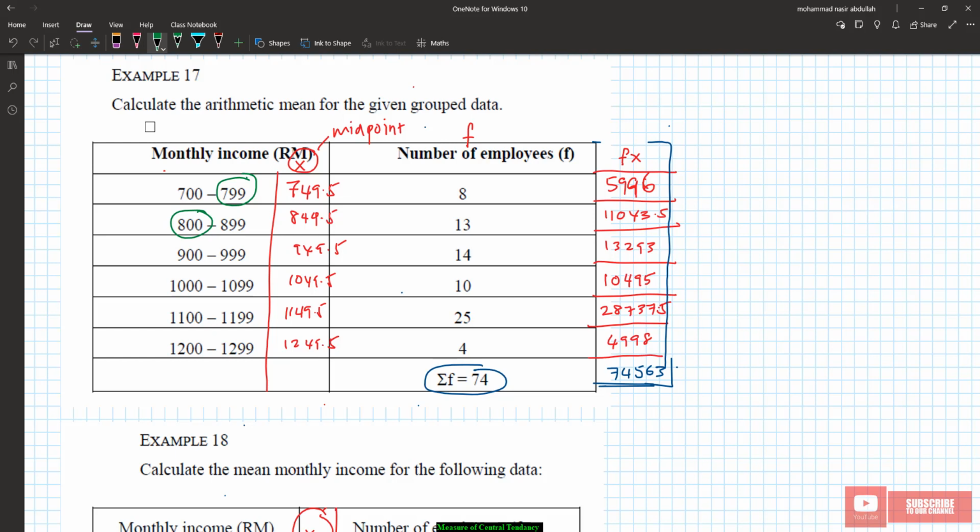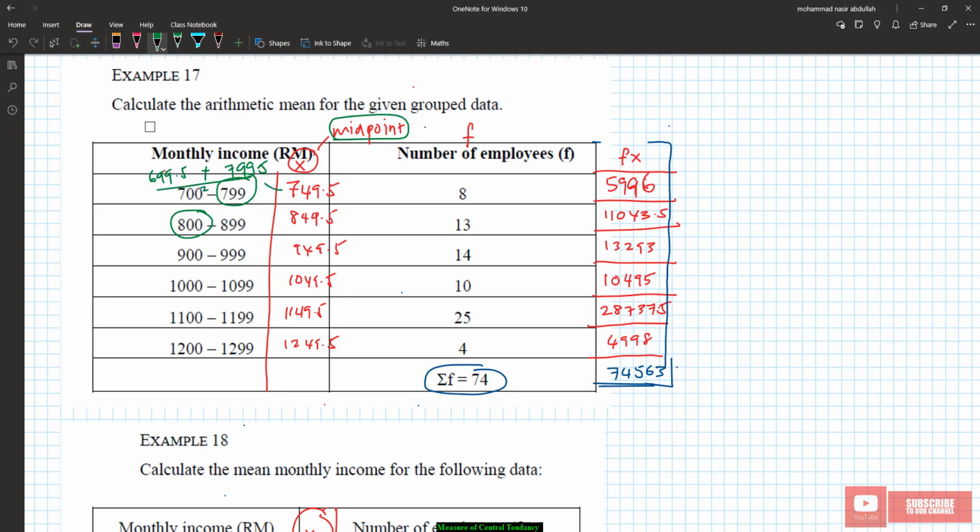The value of x for this table is the midpoint. So you need to calculate the midpoint. 799.5 minus 699.5 divided by 2, plus 699.5. This means 699.5 plus 799.5 divided by 2.